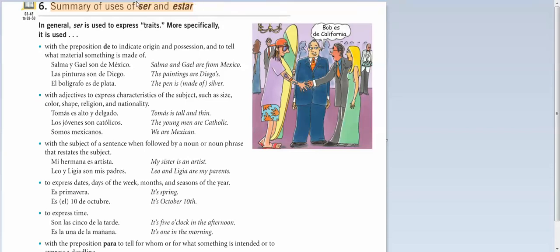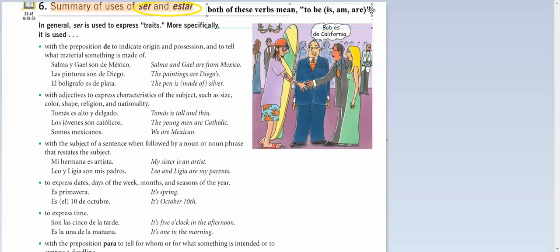Okay, so ser and estar both mean to be, which is the same thing as is, am, or are.